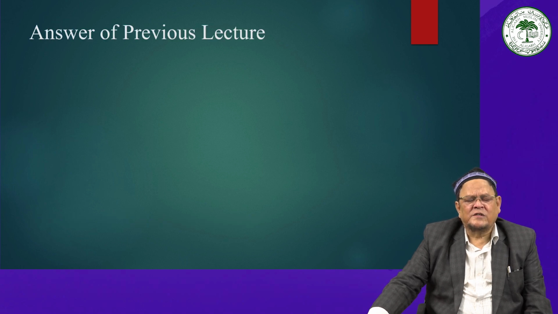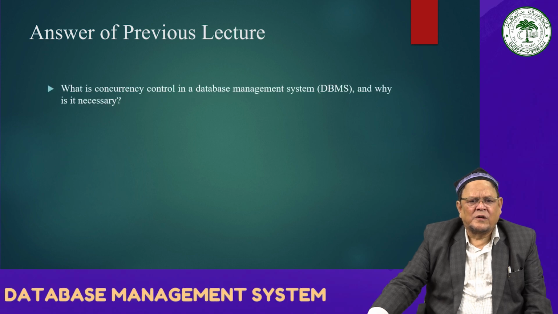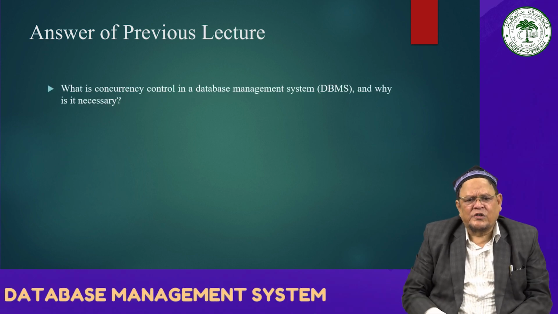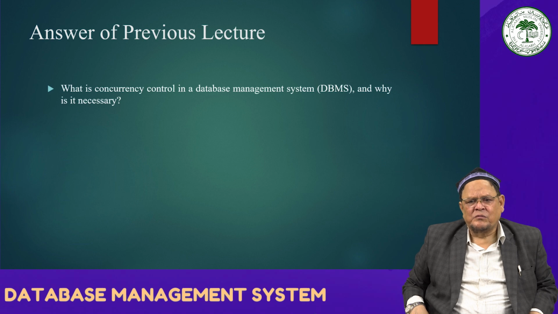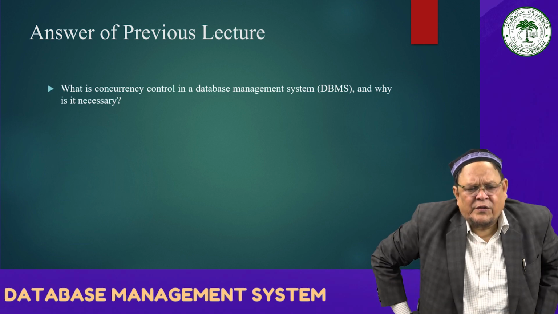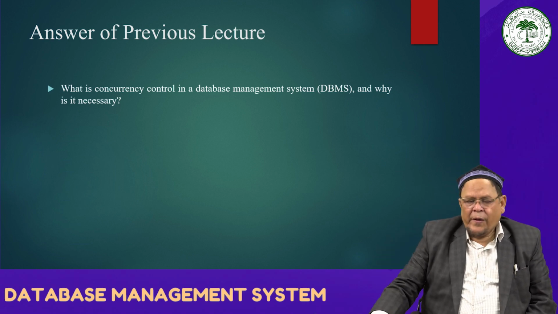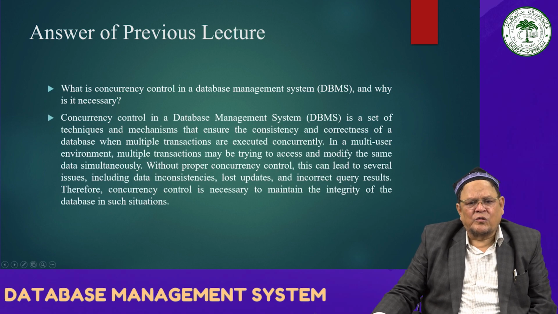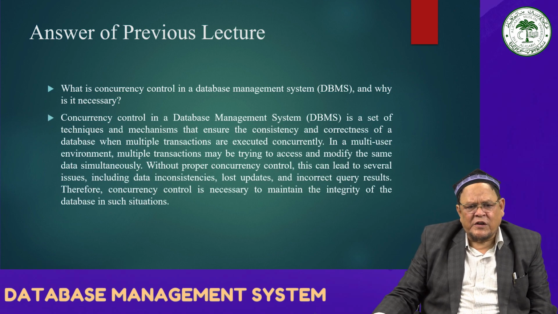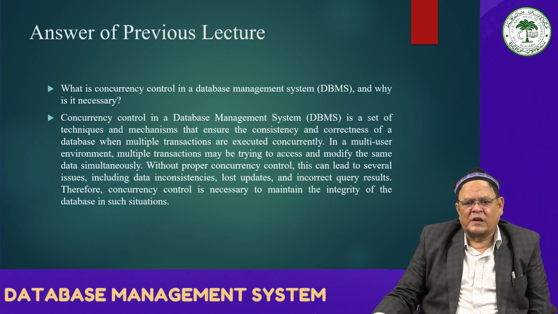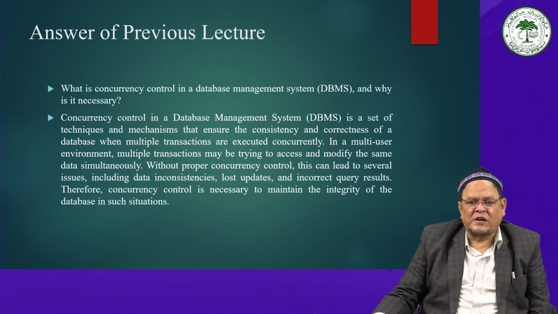Before going to today's agenda, I would like to answer the questions which I gave in the previous lecture. The first question was, what is concurrency control in a database management system and why is it necessary? Concurrency control is a set of techniques and mechanisms that ensure the consistency and correctness of the database when multiple transactions are executed concurrently.